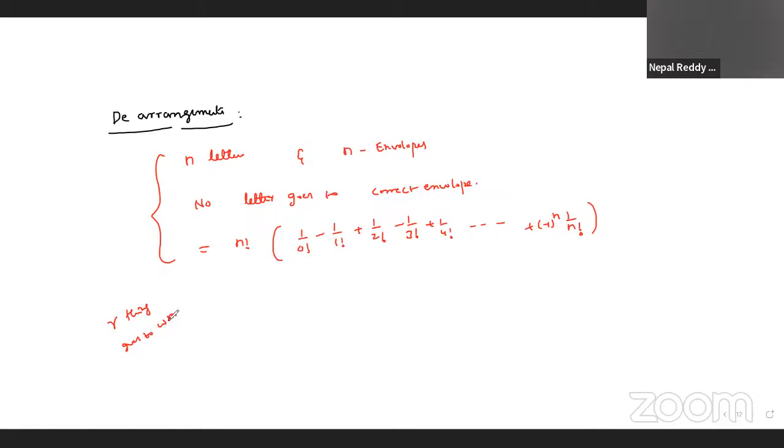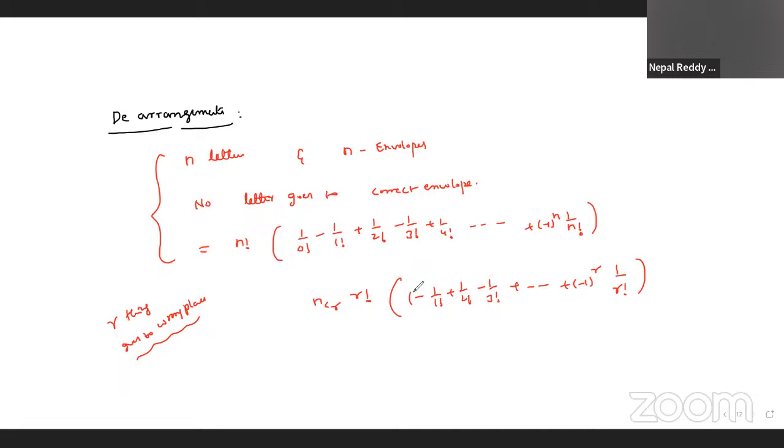Suppose only R things go to wrong places. Then in this case, you have to write nCr into R factorial into 1 minus 1 by 1 factorial plus 1 by 2 factorial minus 1 by 3 factorial and so on, plus minus 1 power R, 1 by R factorial. This is the formula.